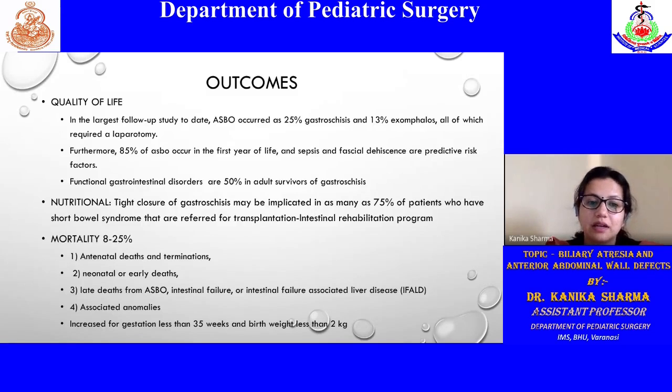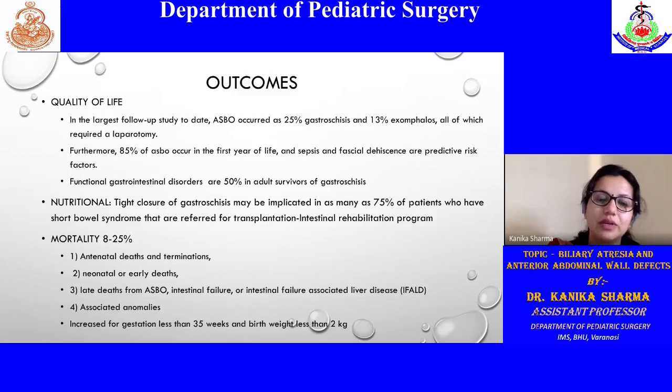Gastrointestinal functional disorders are seen in almost half of the patients with gastroschisis. As the bowel is exposed to the outer environment in gastroschisis, there are changes which have already started setting in since the in utero life of the child.